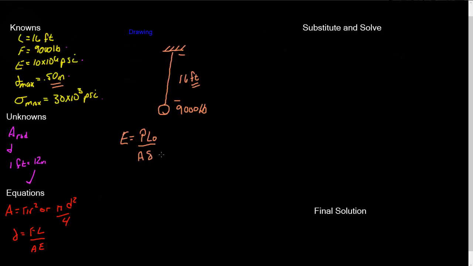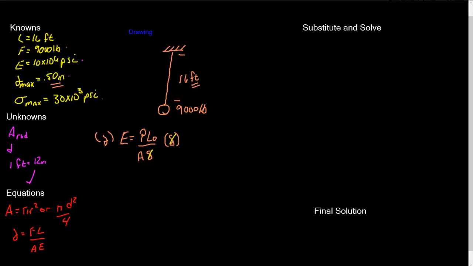So what I can do is rearrange this, and let's move my delta over to this side by multiplying both sides by my delta, and you'll see that it cancels out on that side of the equation.